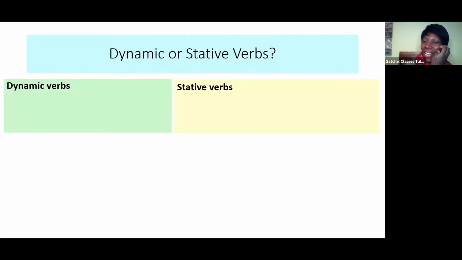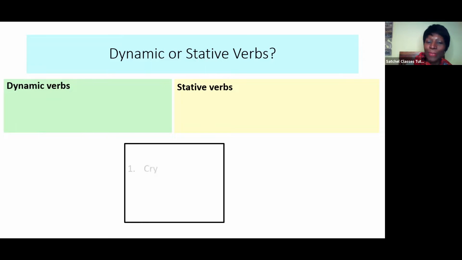Now, I wonder if you can identify if these are dynamic verbs, active processes, or stative verbs, internal processes or occurrences over time. So to cry, is that dynamic or stative? To consider, is that dynamic or stative?